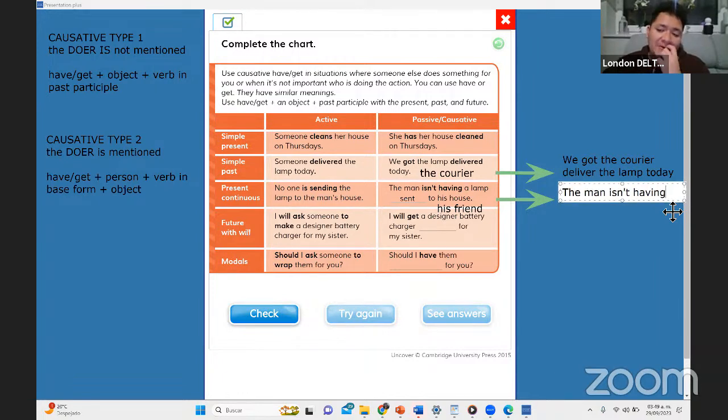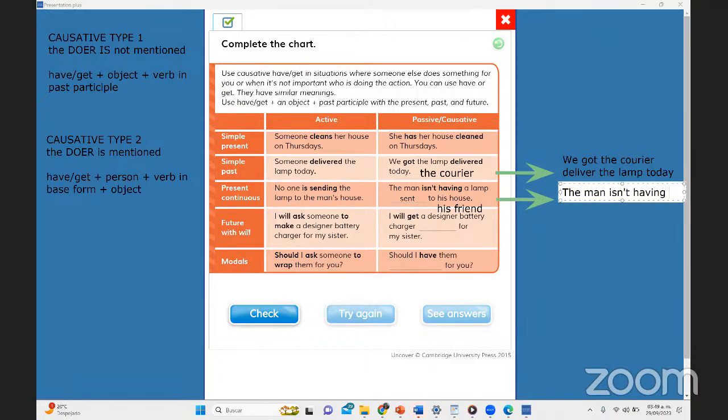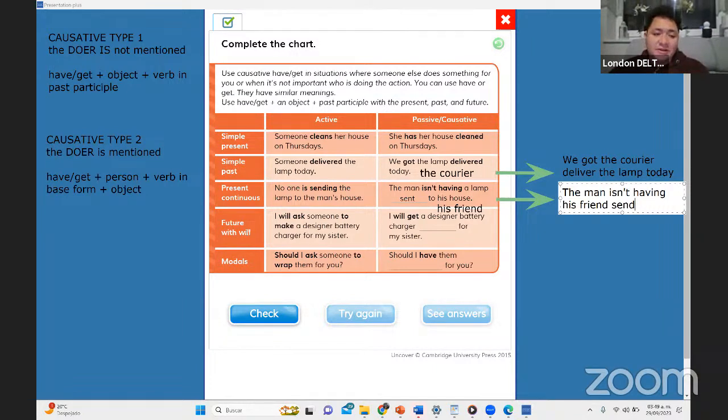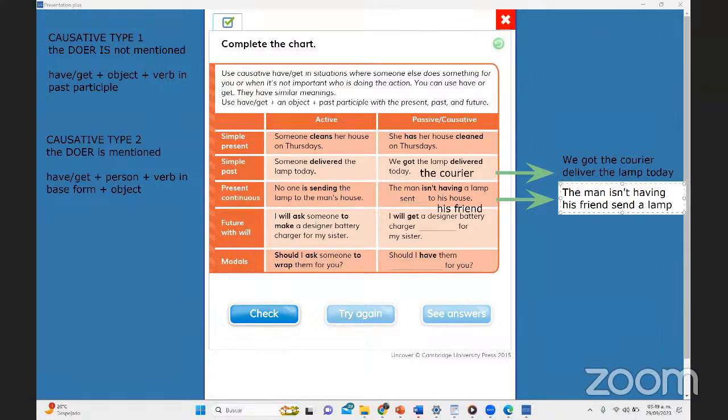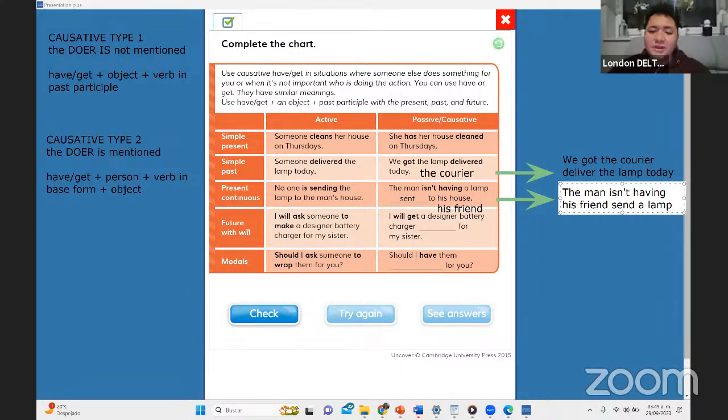The man isn't having his friend send, verb in base form, exactly, a lamp to his house. Very well. Causative type 2.